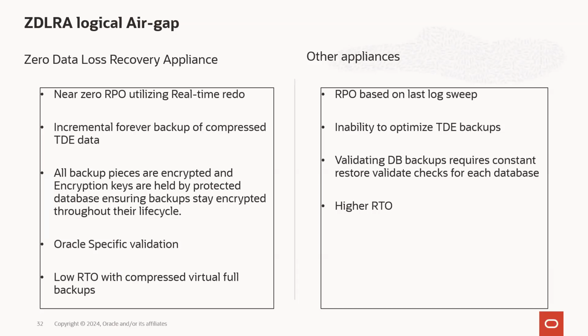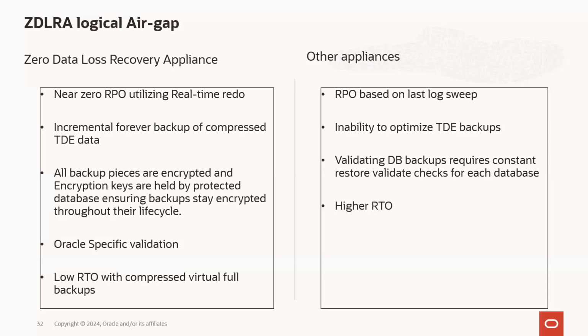The validation of DB backups requires constant restore validates. That's what you really should be doing on a regular basis, a restore validate, to make sure that your backups are good, especially if you're using some sort of incremental forever strategy where some of those blocks have not been backed up for years even.